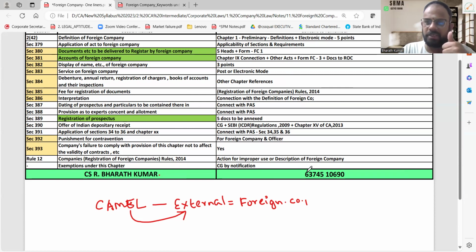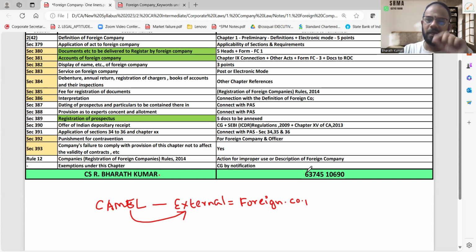Chapter 1 is preliminary, 2 incorporation of the company and matters incidental thereto, 3 prospectus and allotment of securities, 4 share capital and debentures, 5 deposits, 6 charges, 7th is management and administration, 8th is dividend, 9th is accounts of companies, 10th is audit and auditors.